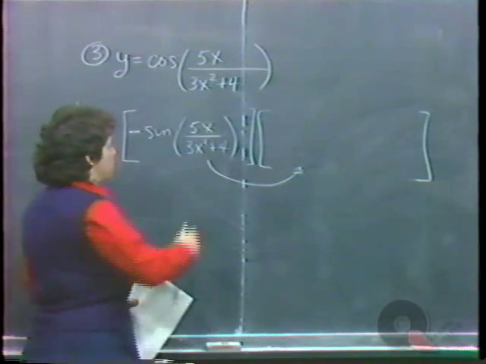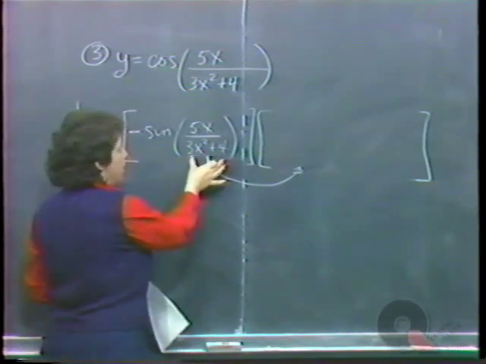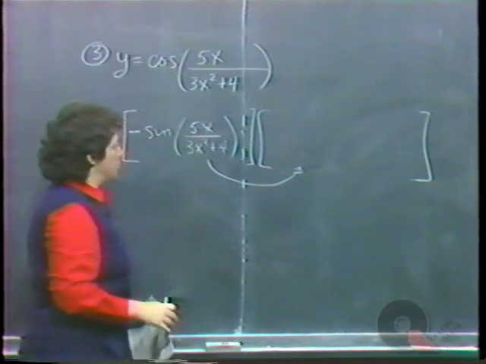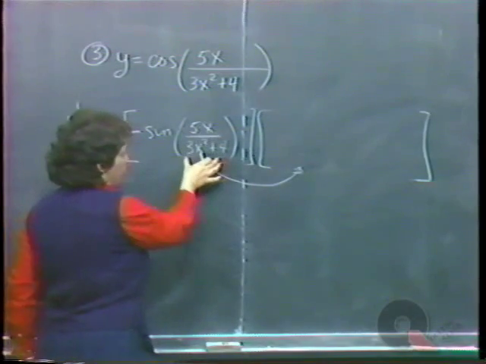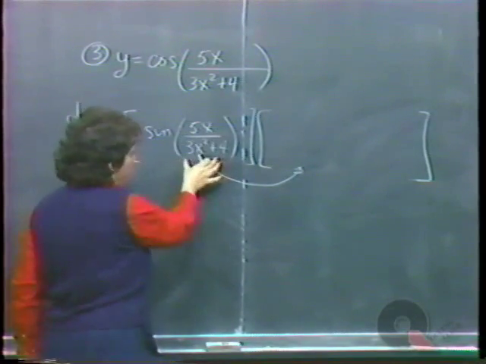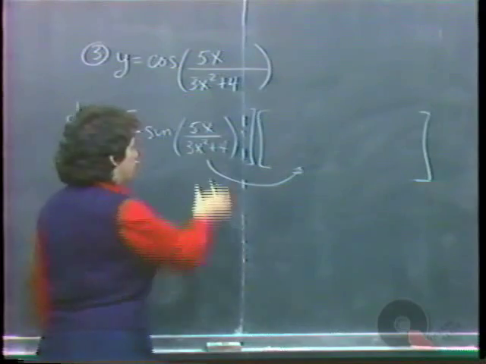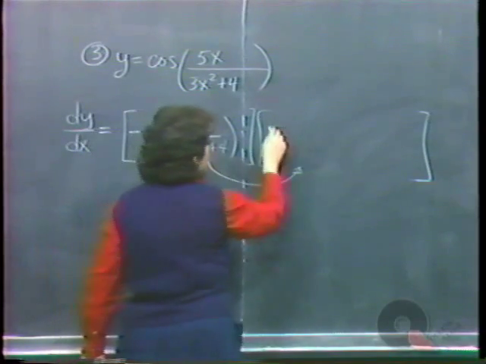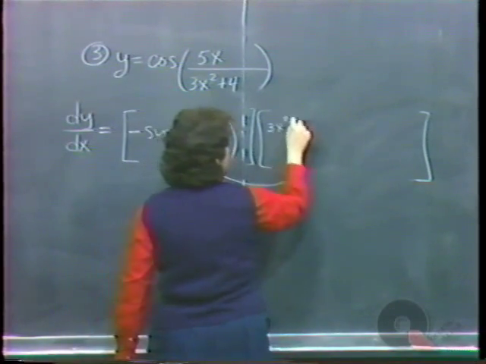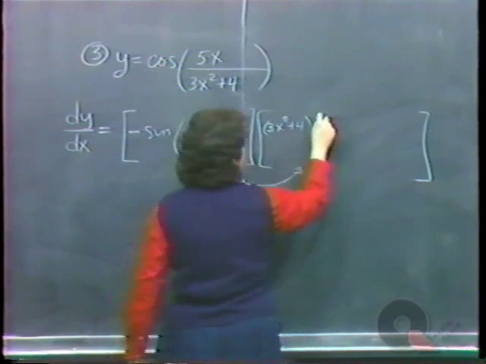Okay, now you have to ask yourself, what is this that we have to differentiate? This, of course, is a quotient. So to differentiate this function, over here we have to use the quotient rule. The derivative of a quotient is, of course, the bottom times the derivative of the top.